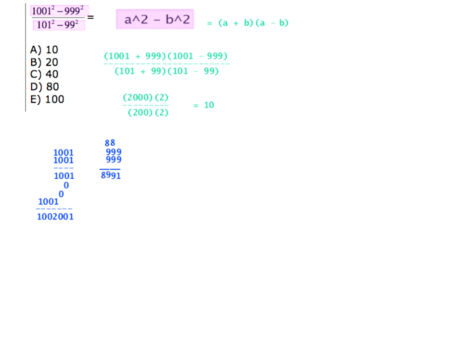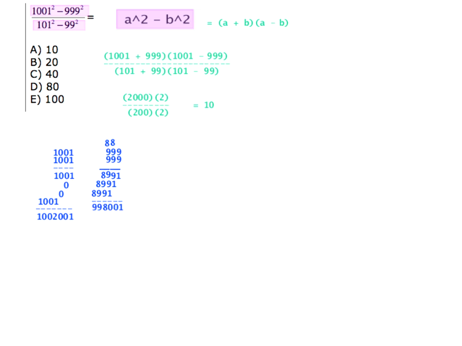And then that's 8. And then these are also going to be the same. So that is going to work out to a 1, a 0, a 0. If you add all that up, then you get 998001.